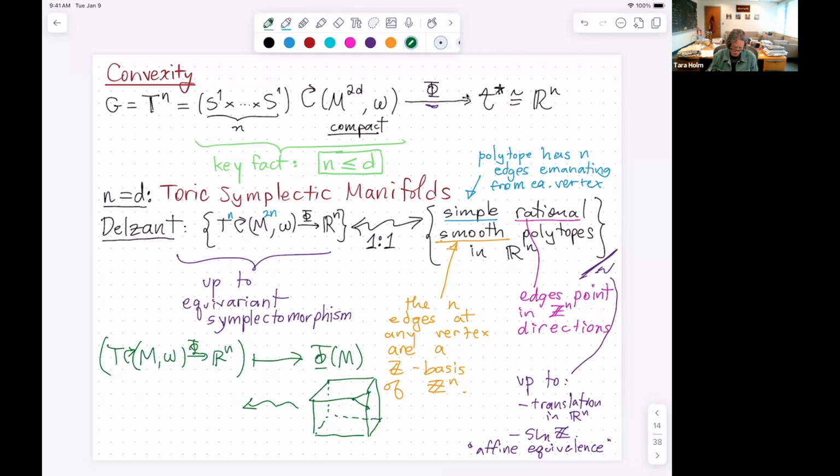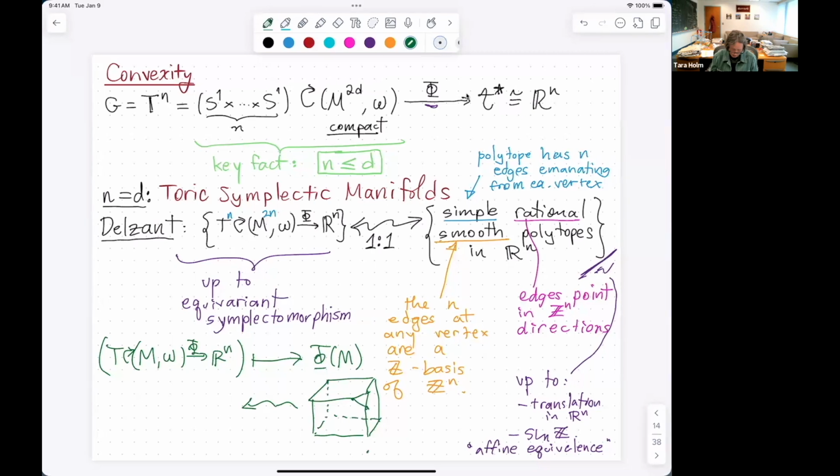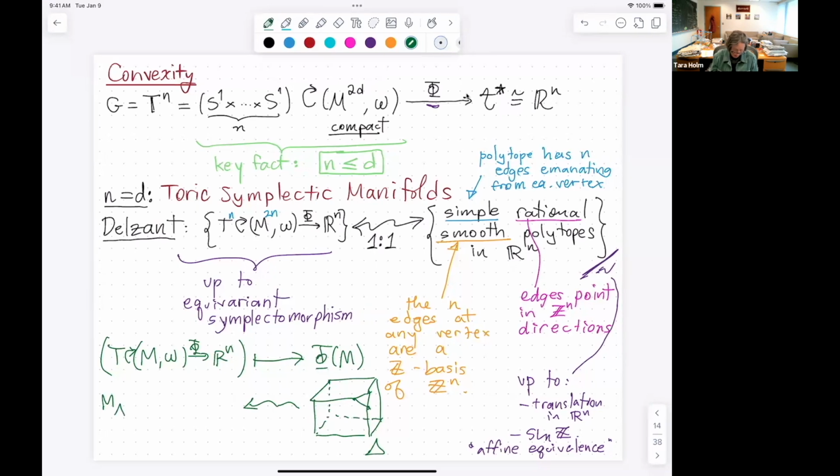And the way this construction goes is, let's call this Delta, you construct an M_Delta as follows. I take a symplectic vector space, C^d, where d is the number of facets of the polytope, and I mod out by a subgroup. K is a subgroup of T^d.